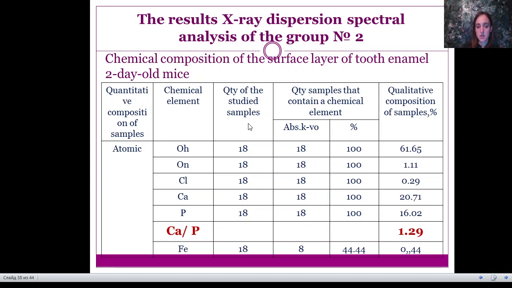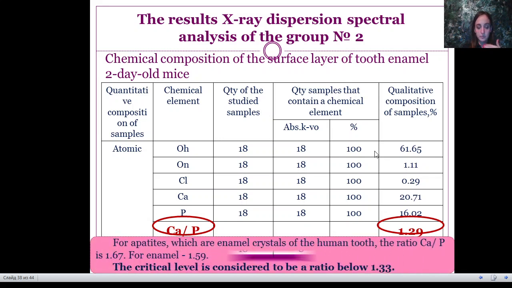And the second table, it's the second group, it is also chemical elements and quantitative composition of samples. So look, please. The critical level is considered to be a ratio of 1.33.